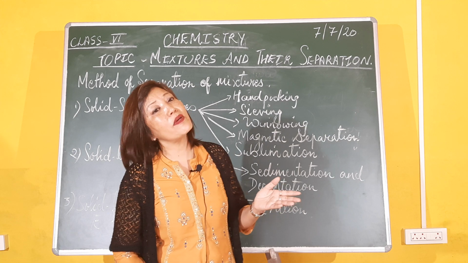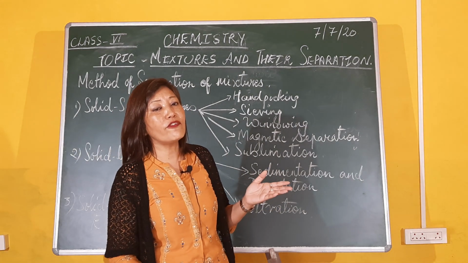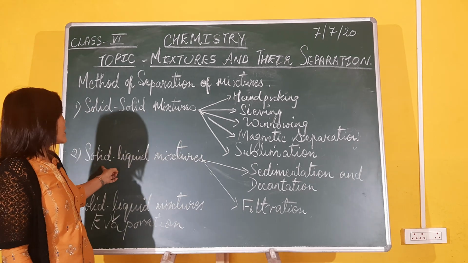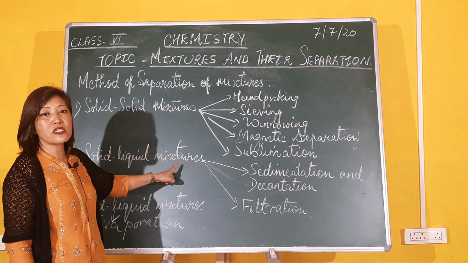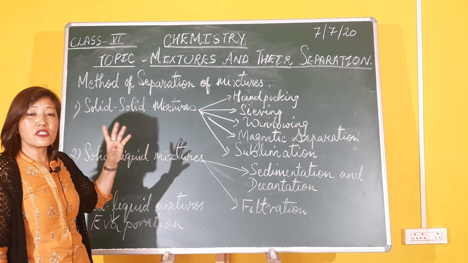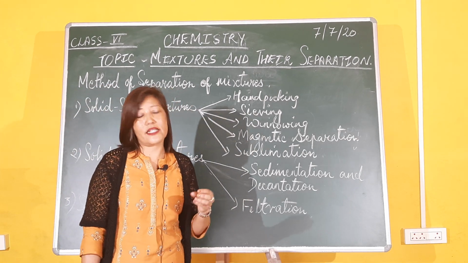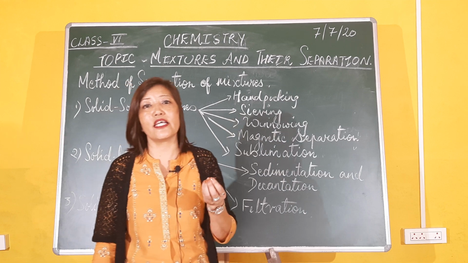Alright. Now the next method of separation of a mixture is separation of solid liquid mixtures where the solids are insoluble in water. Like let's take the example of sand and water.